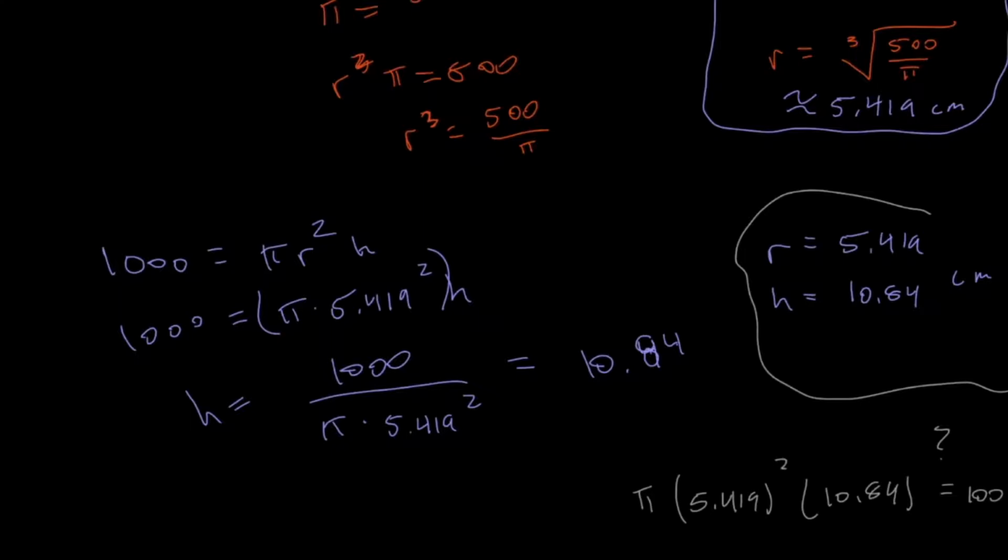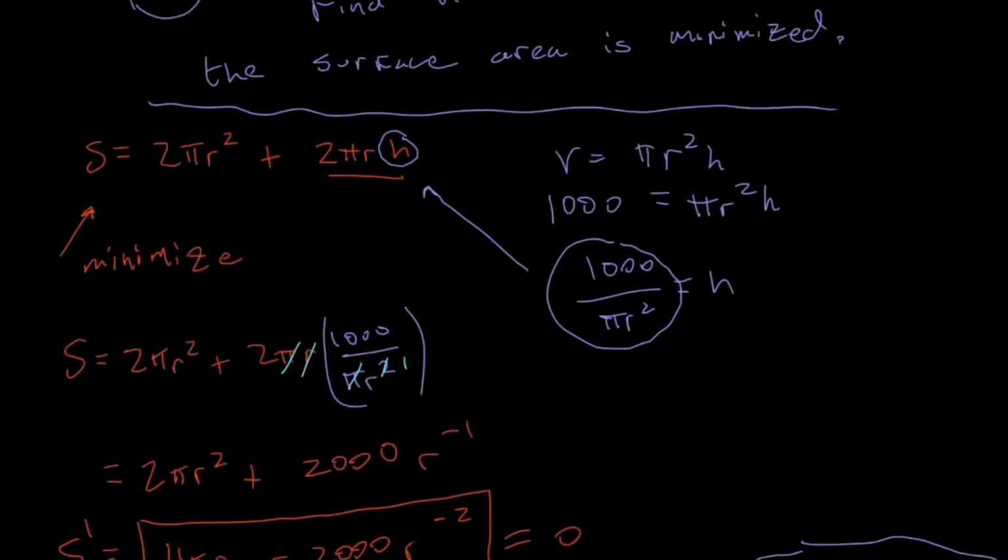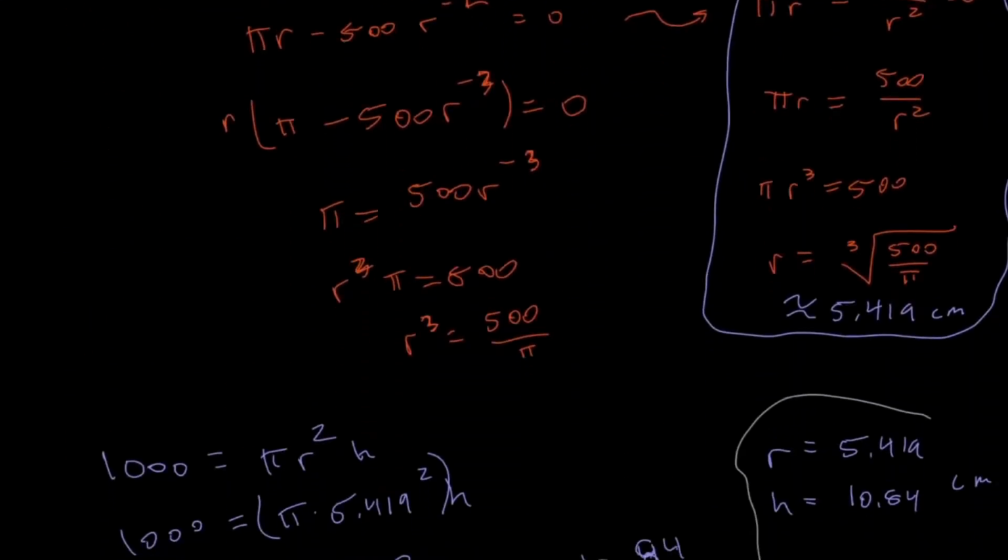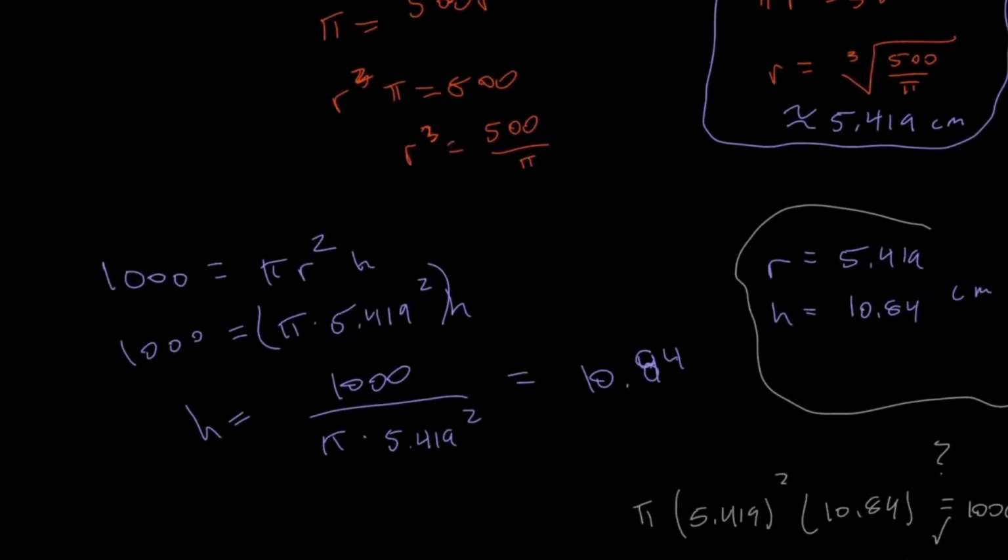It better be, or else my math was wrong, which it wasn't, but we can go ahead and check. And so you do get 1000 when you multiply these out. So I would always check your answer as well. Do you guys have any questions about this problem? I was a little in the clouds for a minute there, so I apologize about that.